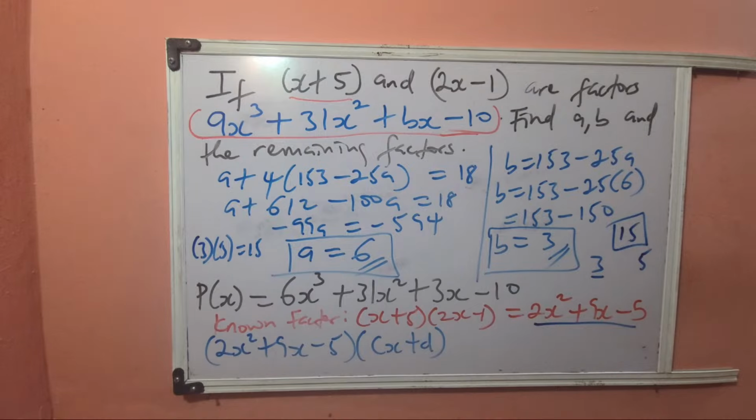These two multiplied must give me my final answer, because this is a dummy factor. Don't get too confused with what we have here. It's a dummy and it can take any shape. C can be a negative value, can be a positive value. D can be a negative value, can be a positive value. But you can see that it's taking the shape of all the other factors.